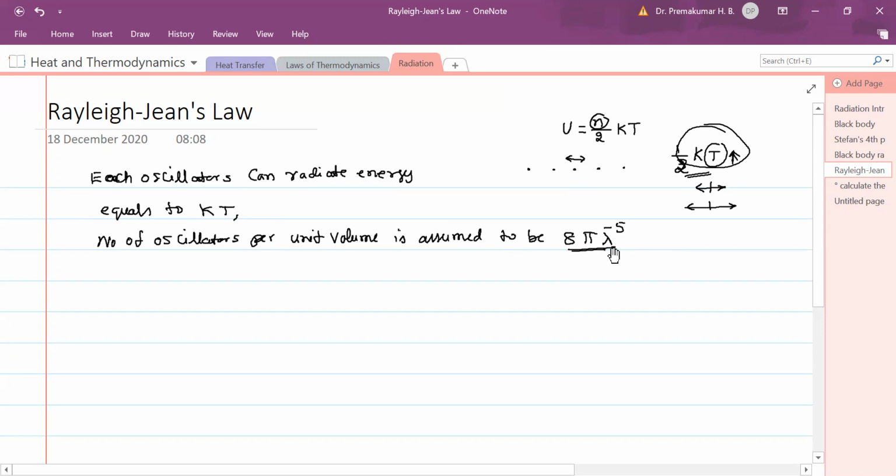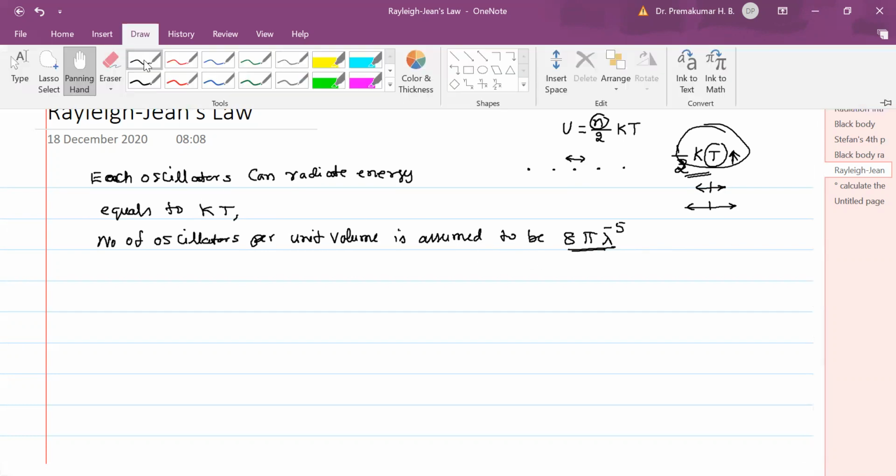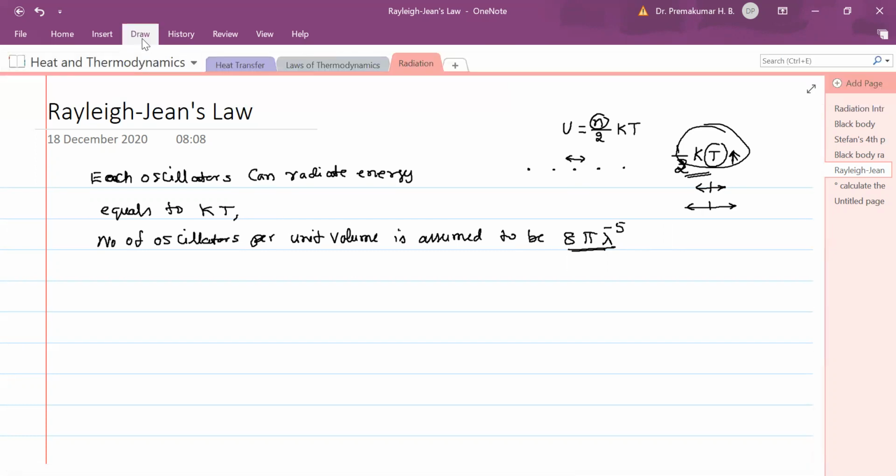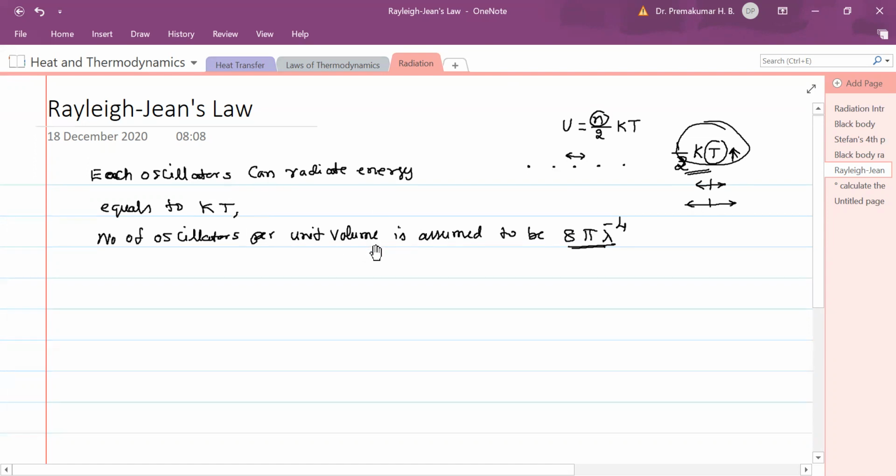I have to multiply 8 pi lambda to the power of minus 4 by kT. If you multiply these two, you'll know the energy radiated by all the oscillators per unit volume. That's a distribution of energy.